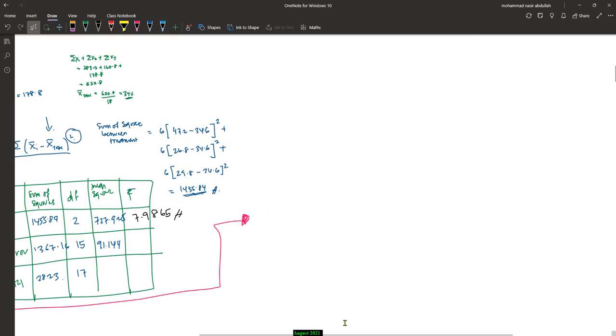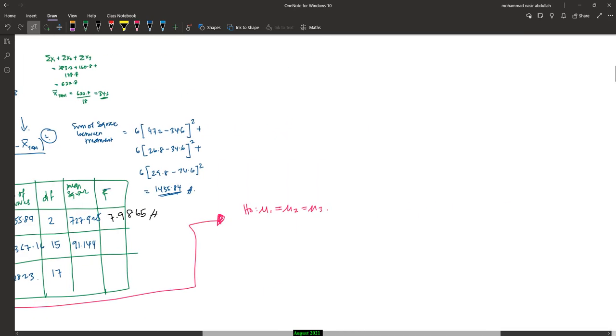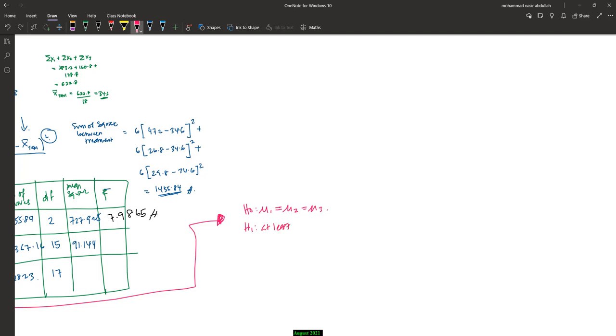So first is the null hypothesis, mu1 equal to mu2 equal to mu3. Actually mu1 is department store, mu2 is music, and mu3 is sport department. So the alternative hypothesis, at least one mu i is different.